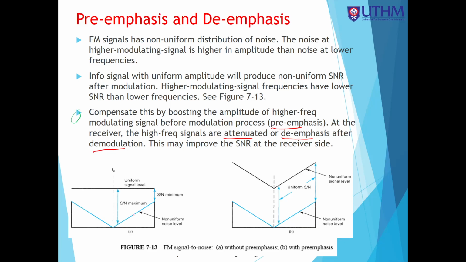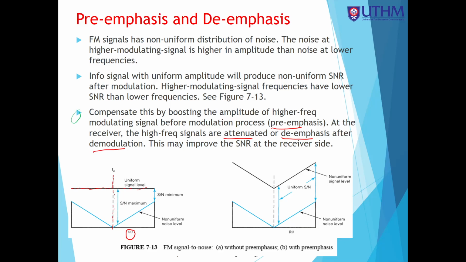The situation looks like picture A. The center here is the carrier frequency, and this is a uniform FM signal. Remember, FM signal does not change the amplitude of the carrier.